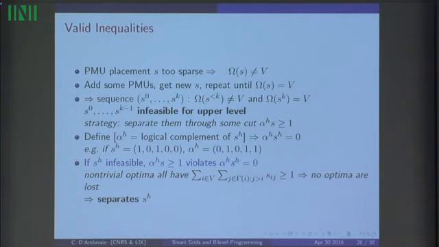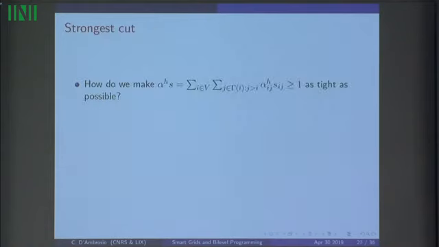Of course, if the current solution is infeasible, then this cut will actually remove this solution from the set of solutions. And in order to make the cut stronger, we can also make another observation.